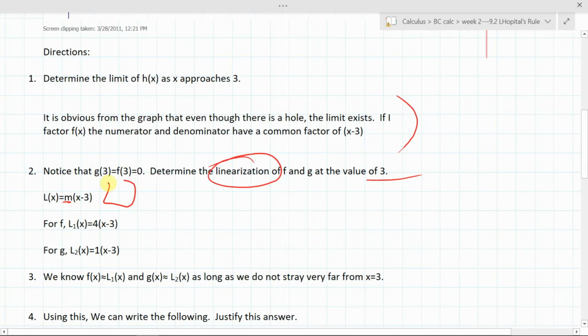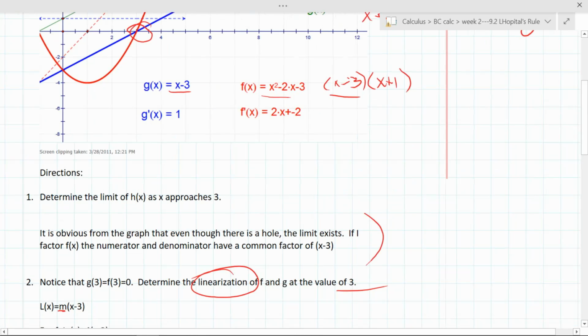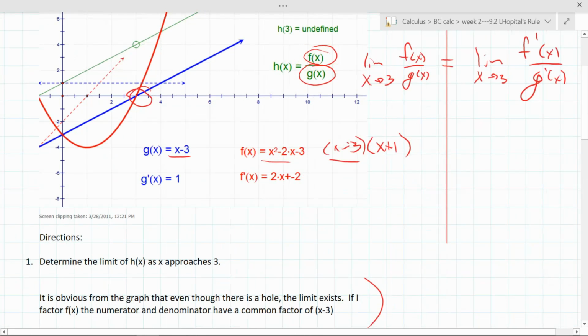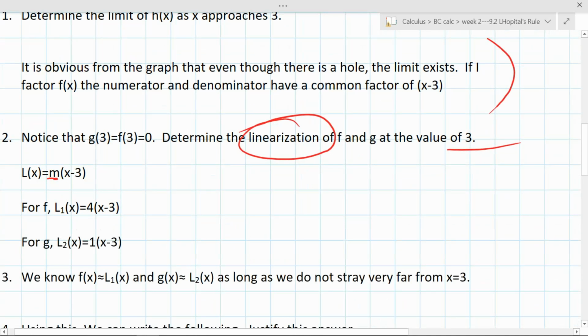Now, that is actually key, because L'Hopital's rule wouldn't be applying if those weren't 0, right? Because remember, we're dividing these two functions, and if that's 0 and if that's 0, then L'Hopital's rule applies. So in order for L'Hopital's rule to apply, there shouldn't be, for this linearization, any other y-intercept other than 0.